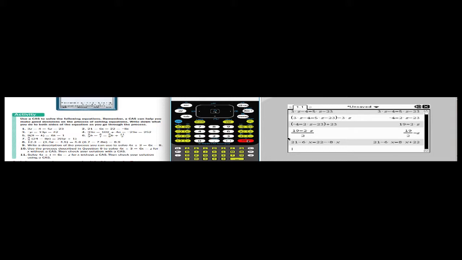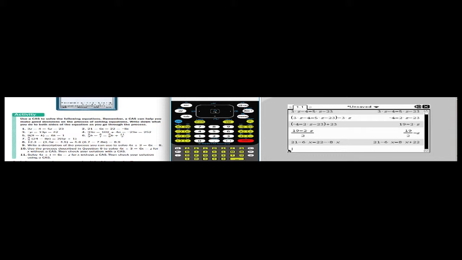And minus a minus, double negative is a positive, and you can see that the CAS has taken the liberty of rewriting this as 21 minus 6 times x is equal to 8 times x plus 22. So it used the algebraic definition of subtraction, changed it to addition, and then it used the commutative property to change the position of the values in the equation.